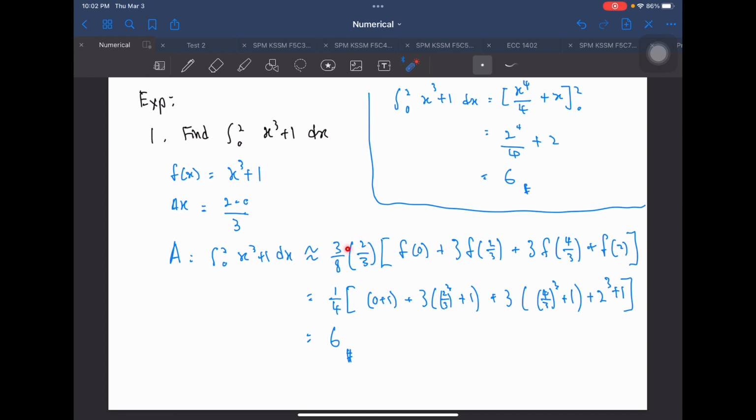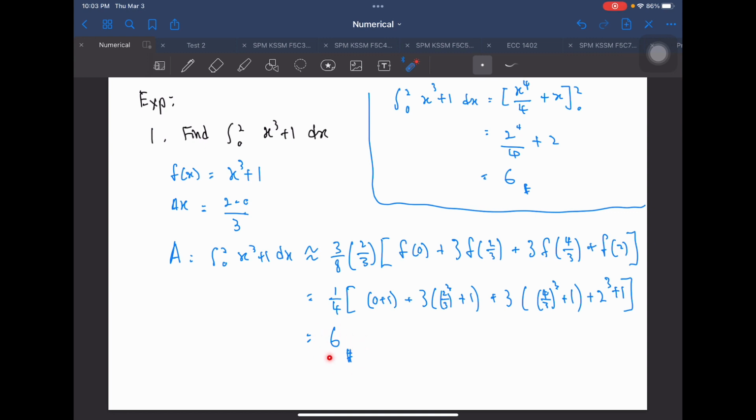3 over 8 times delta x. Okay, so this is a plus delta x, this is a plus 2 delta x, and this is b, 1, 3, 3, 1. Okay, so solve this, plug this into the function x cubed plus 1, and you get this. So press your calculator, you get 6.